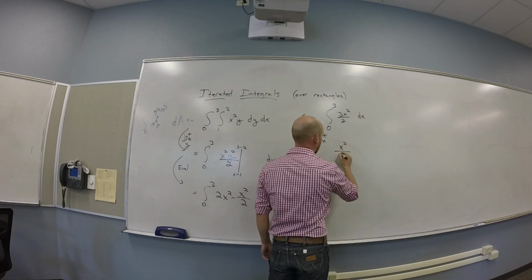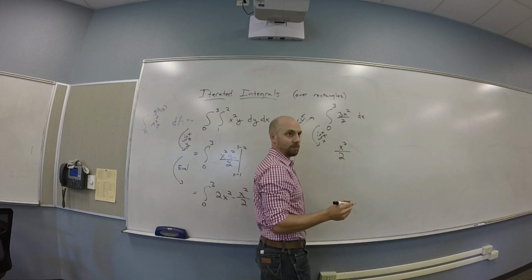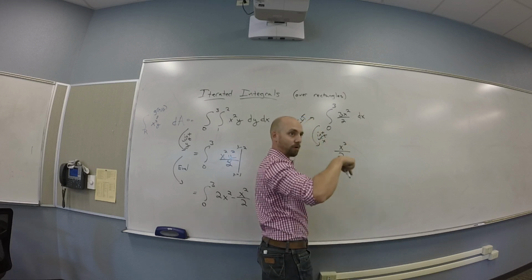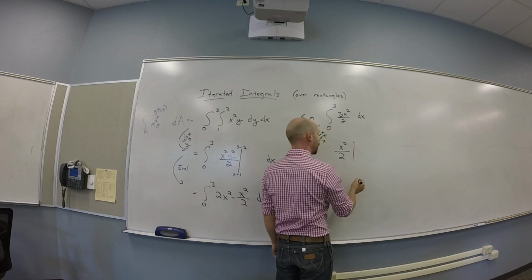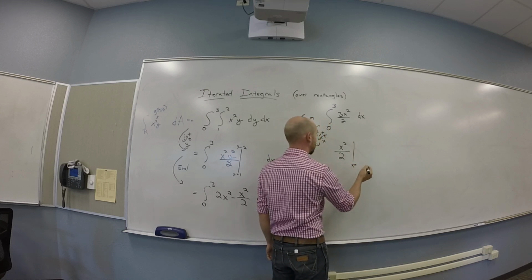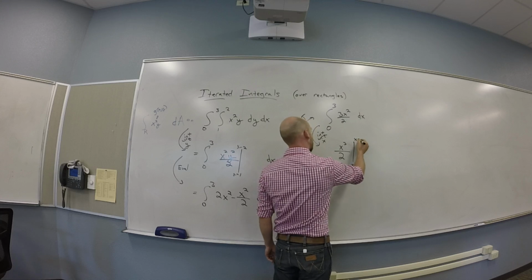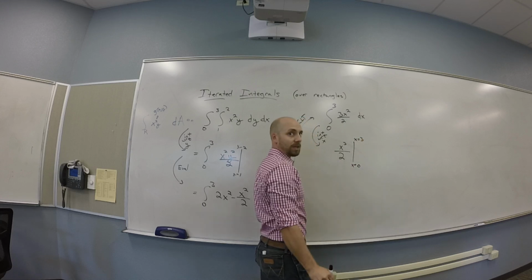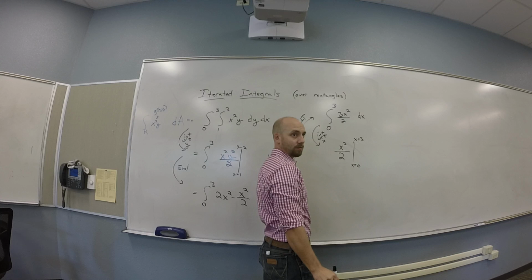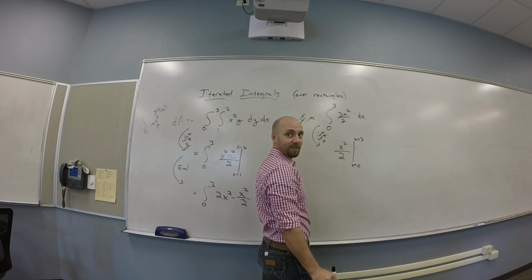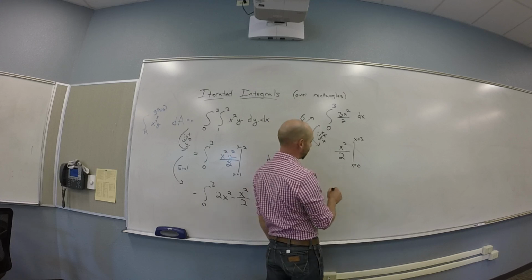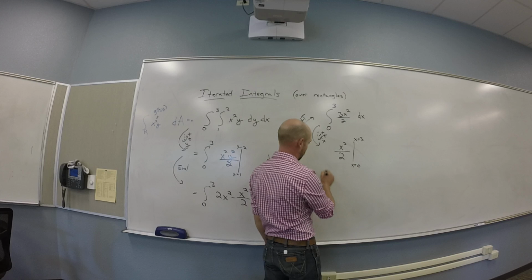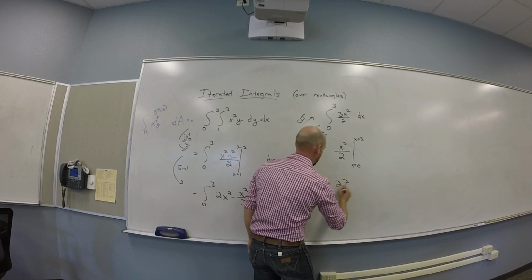One higher power over the one higher power, the 3's cancel. Where'd the dx go? It's part of how we integrate it. Now we get 27 over 2 when we just do the math.